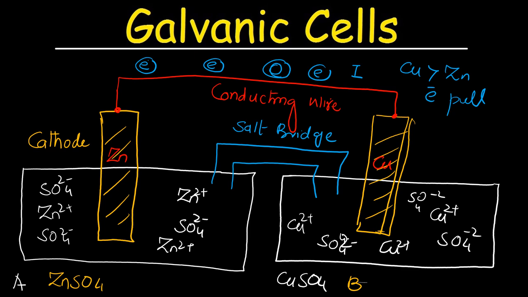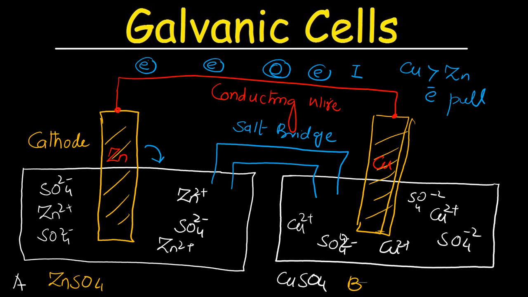Now when electrons move from zinc to the copper solution, the zinc atom is basically giving electrons to the copper solution.